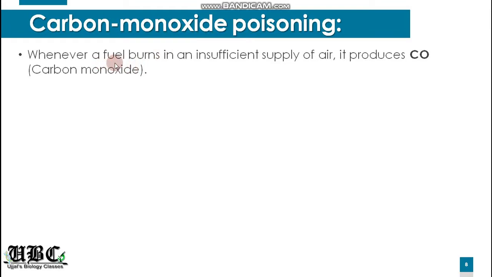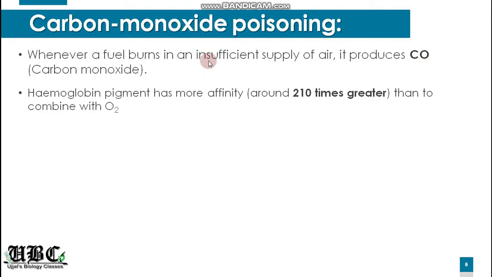When any fuel, be it coal or petroleum or any kind of fuel, burns in an insufficient supply of air, like in lack of oxygen, it produces carbon monoxide gas. So we can say incomplete combustion can release carbon monoxide.